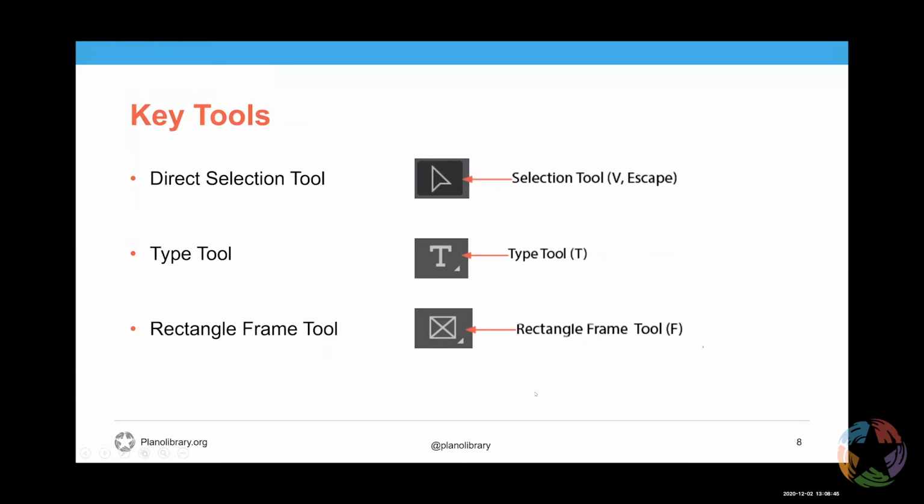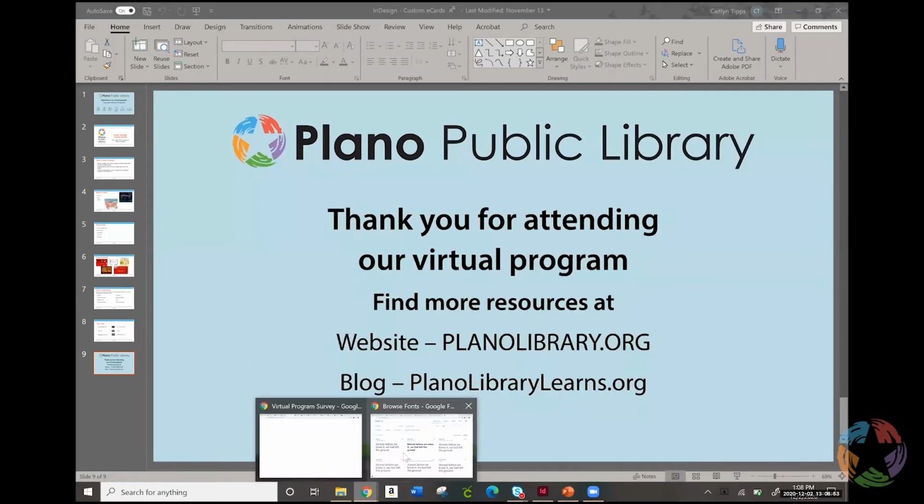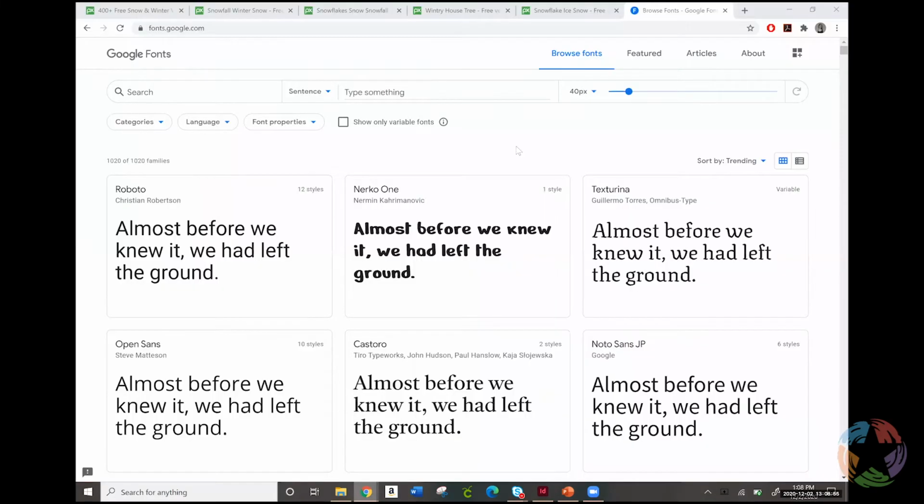Okay, one final thing that I'm going to show before we jump into the software is going to be some online resources that you can use for your card. I like to download and save all the images that I'm going to use for my project before getting into it.